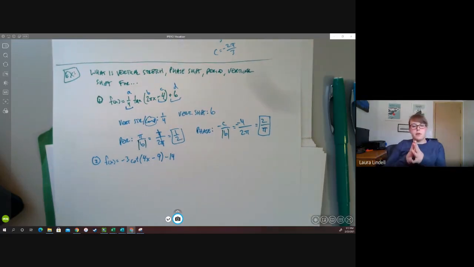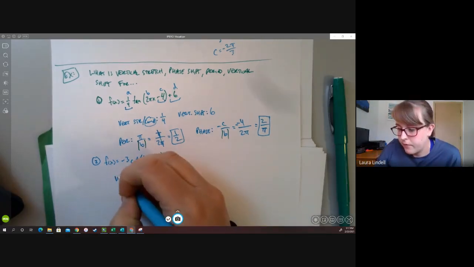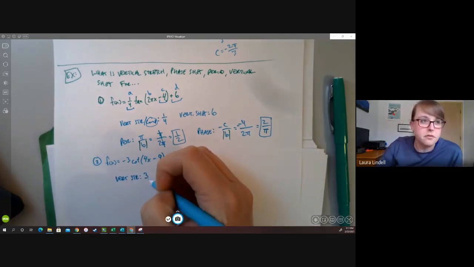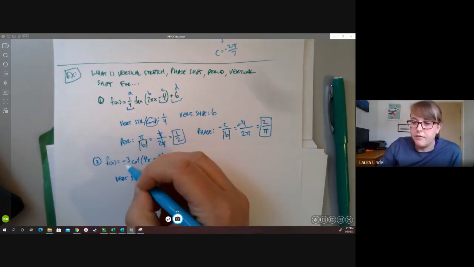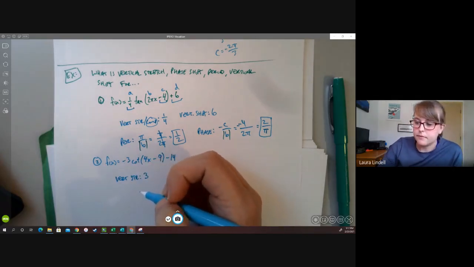All right, so for this one, help me out here. What's the vertical stretch going to be? Right, we've got a vertical stretch. And actually, I'm going to say it's a vertical stretch of 3, but the negative does tell us something. It tells us it's been flipped.